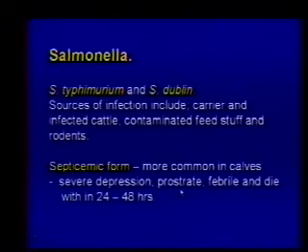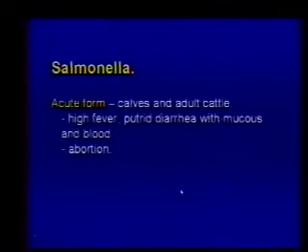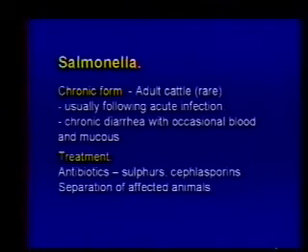We may have severe depression, and the animal may be prostrate, febrile, and die within 24 or 48 hours. Salmonella, the acute form, again in calves and adult cattle: fever, putrid diarrhea with mucus and blood, hematochezia, and we also may see abortion from time to time.